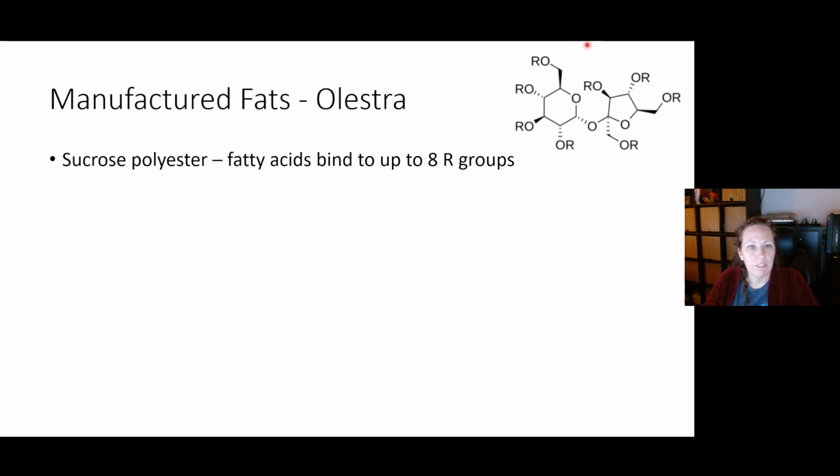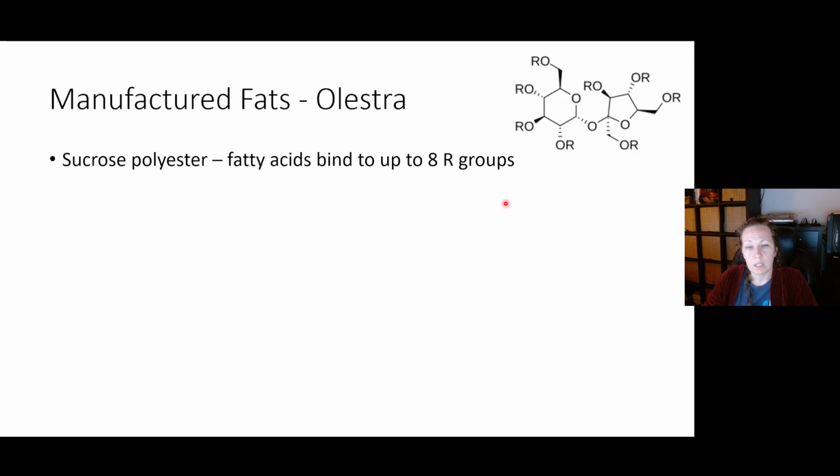And the advantage of this is that you can have whatever fat properties that you want on this Olestra, and the fat's not absorbed by the body. If you want the consistency of a solid fat, then you add saturated fatty acids to where all these R groups are.